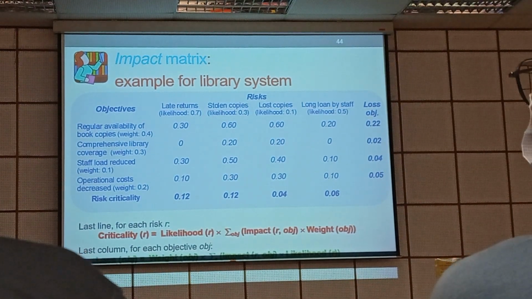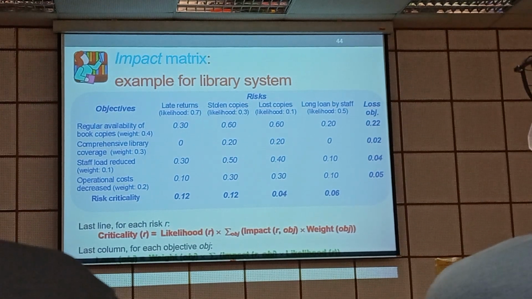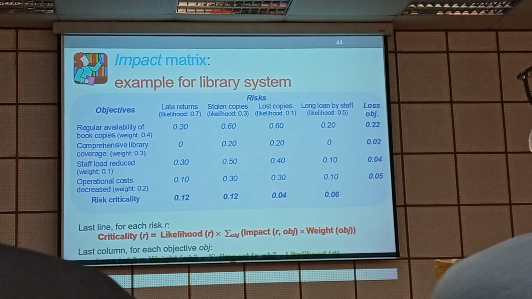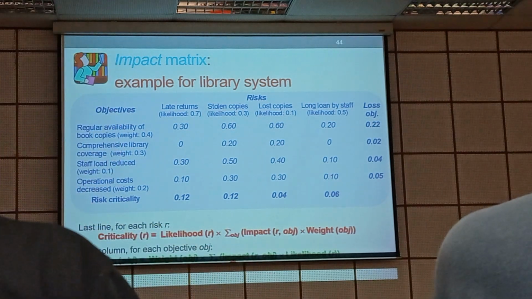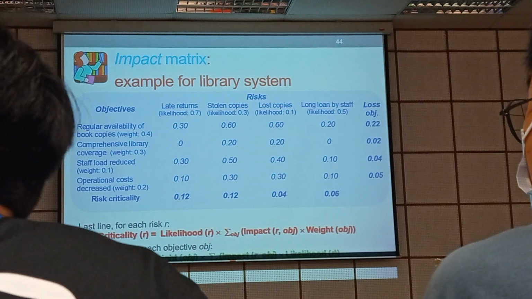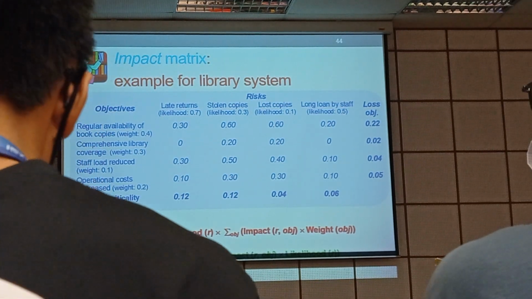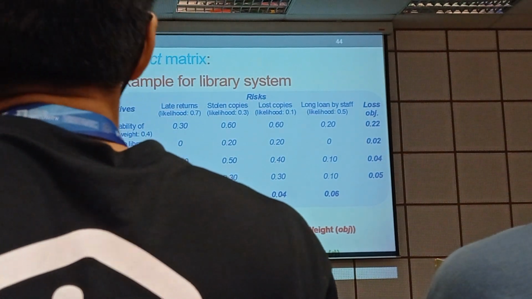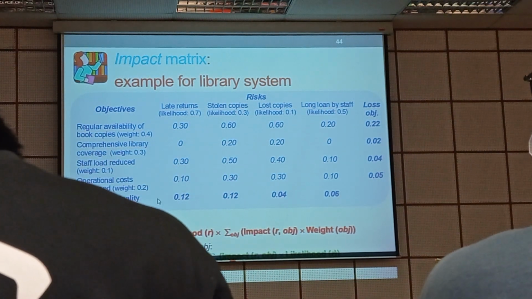So this one is multiplied with 0.7. What do you get? 0.119, correct. Equivalent to almost 0.12. That's how you get the 0.12. Understand? The same thing goes to the next.